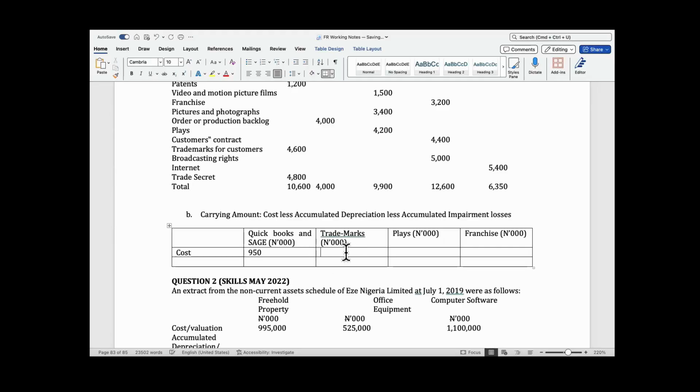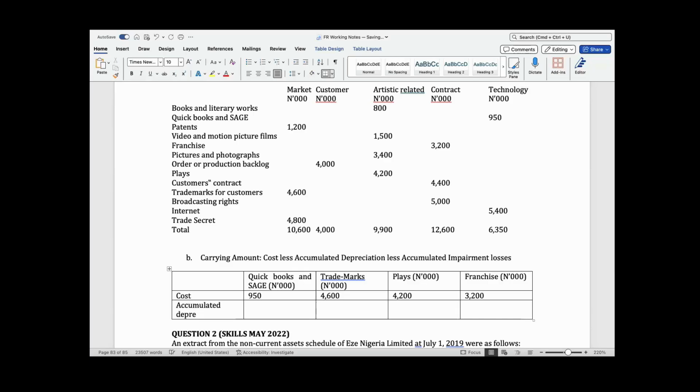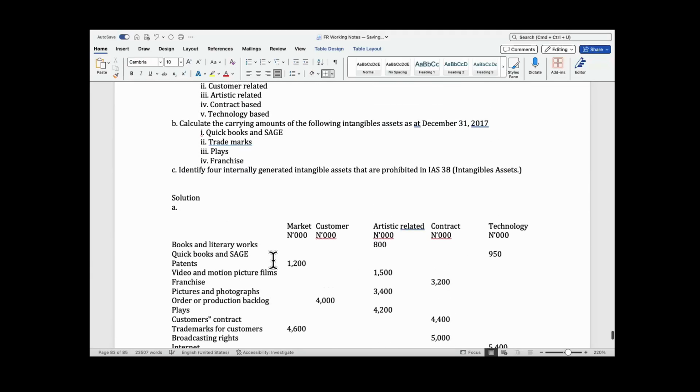Then for trademarks is 46. Place is 42. Franchise is 32. So accumulated depreciation.